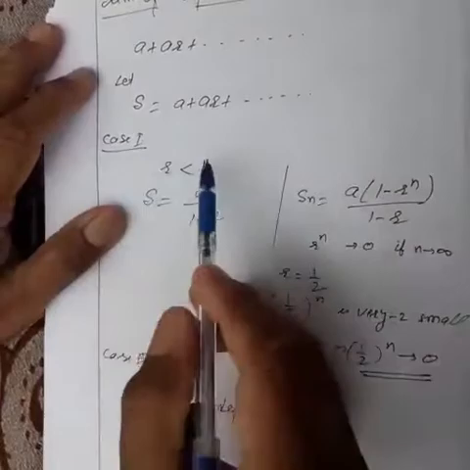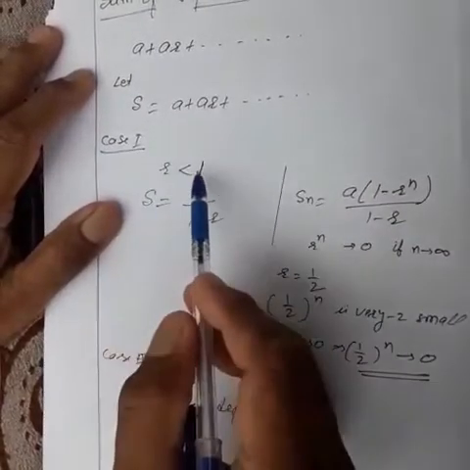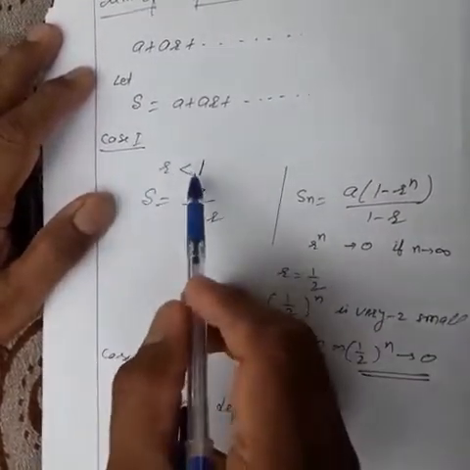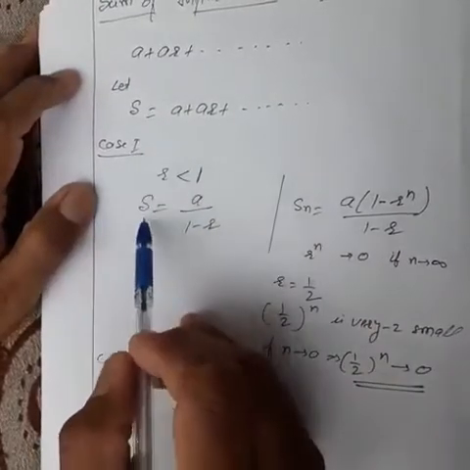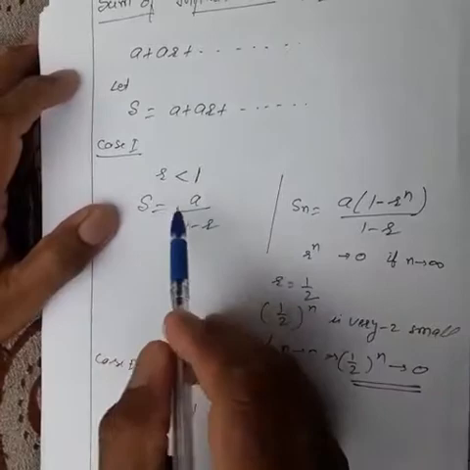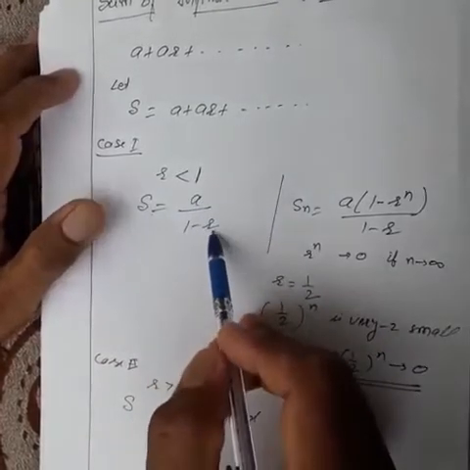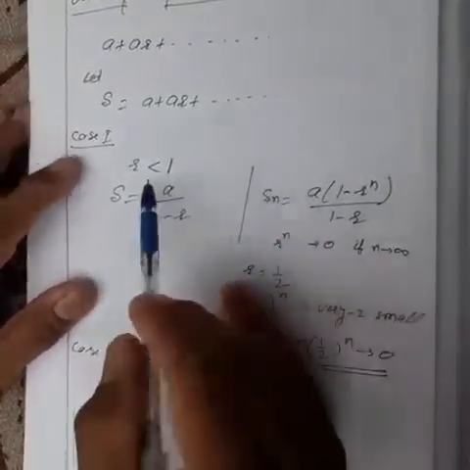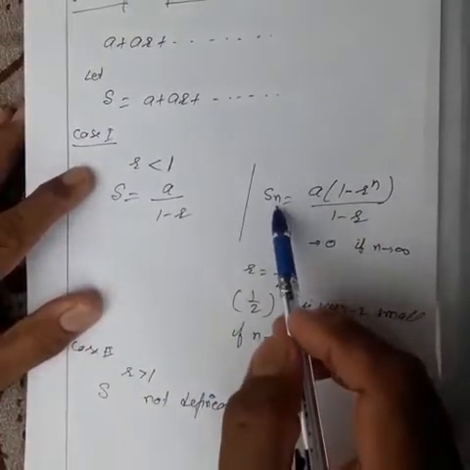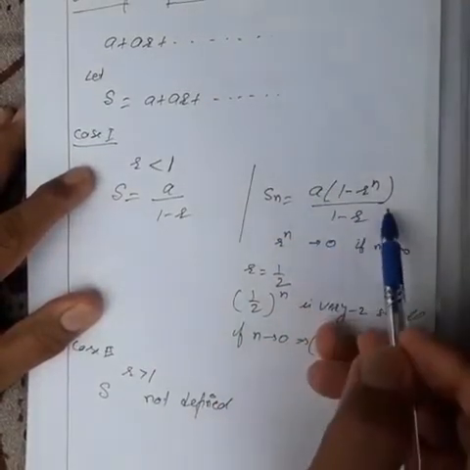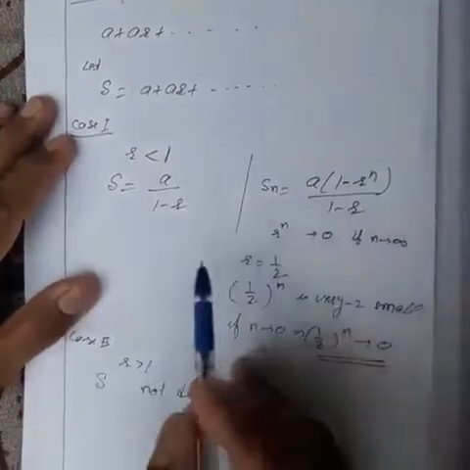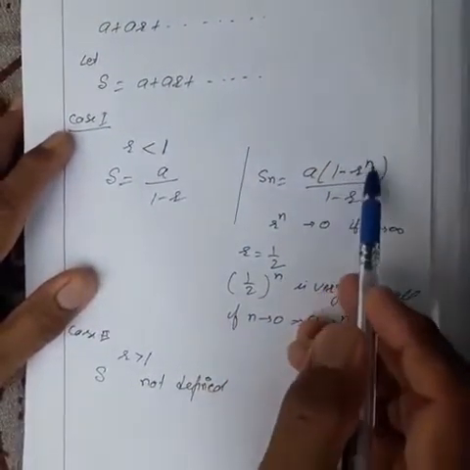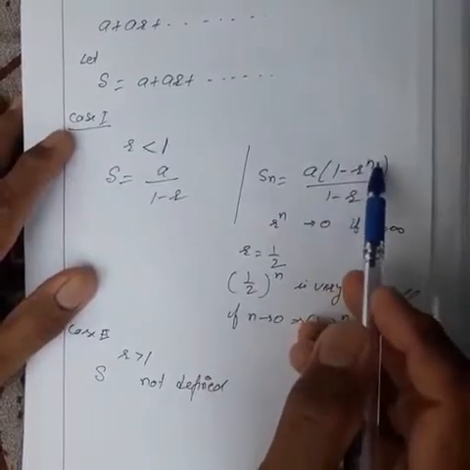Now there are two cases. First, r is less than 1. If r is less than 1, the formula for the sum of n terms is S = a(1 − rⁿ) upon (1 − r), because for r less than 1 we know this formula. Now if r is less than 1, rⁿ will be a very small quantity.